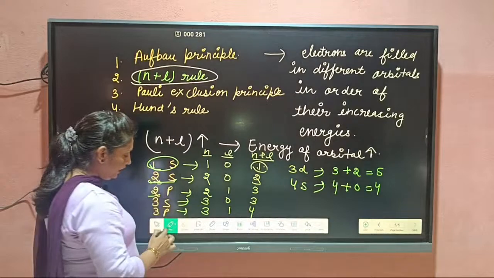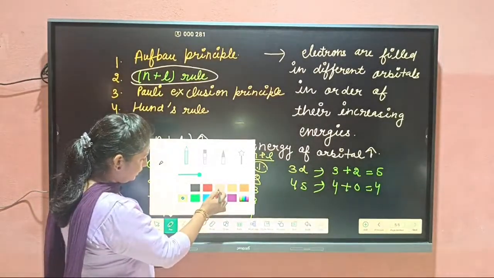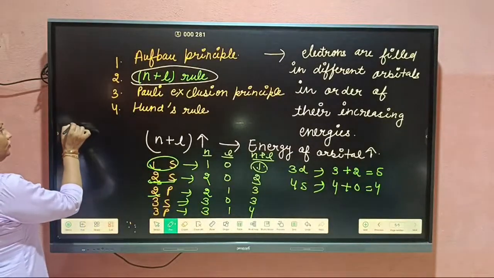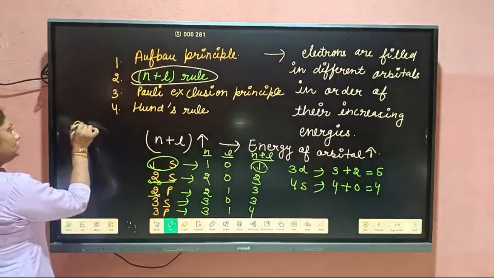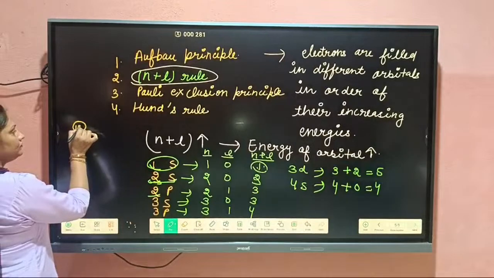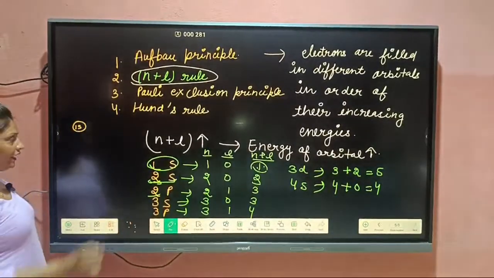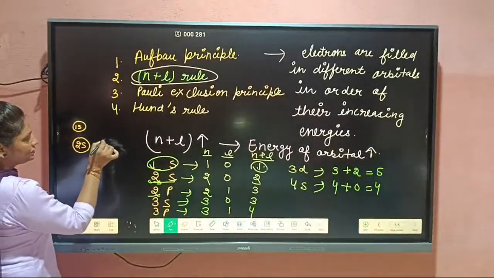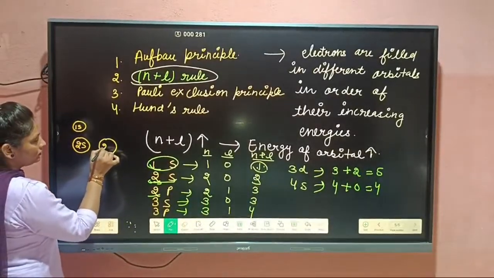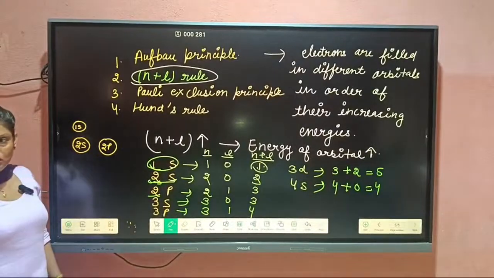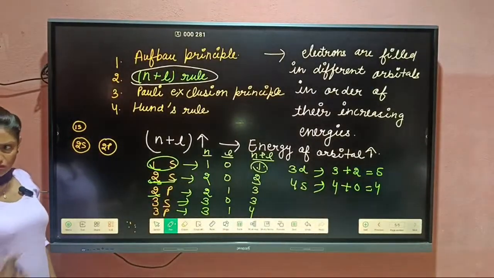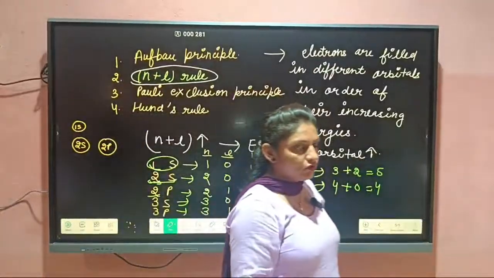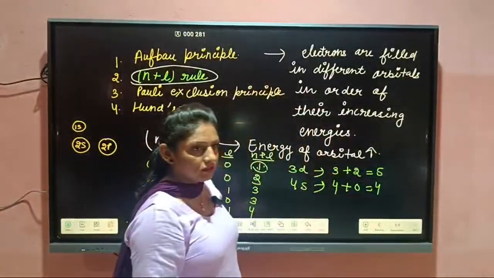So in an easy way, you can write it in this way. First of all, we will write 1s, then 2s, 2p. 2d does not exist. We have already explained in the previous class. 1p also does not exist.